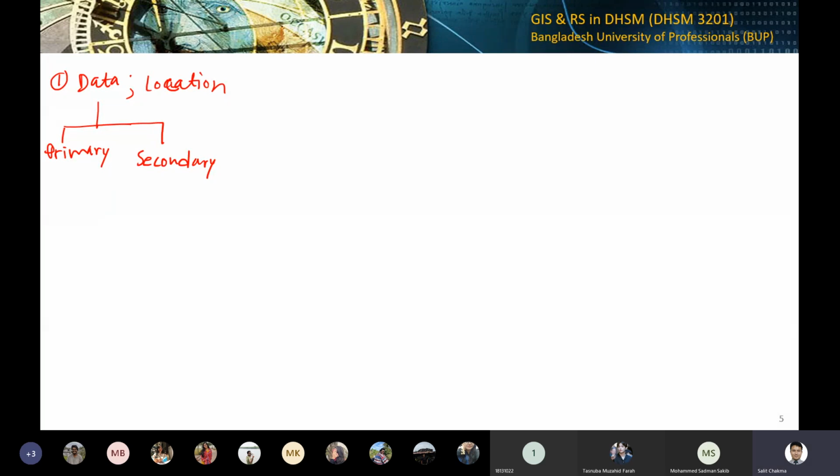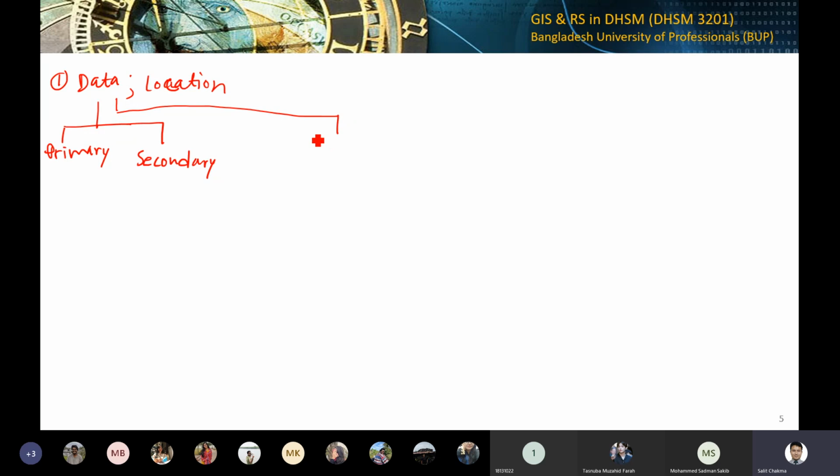So from this primary and secondary, then we have to identify what characteristics the data is identifying. From this data, we then further ask what sort of geographical problems it is dealing with.